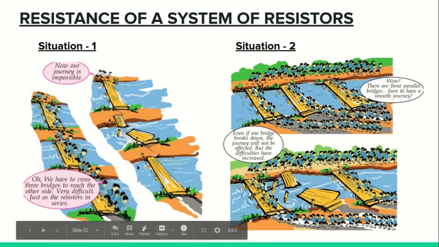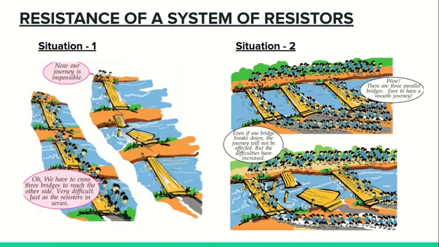Similarly, think about the children as the electrons that are flowing, and they are flowing through resistors which are acting as three bridges here. If these resistors are connected in series and one of the resistors breaks, you will see that the current will not pass through the circuit.